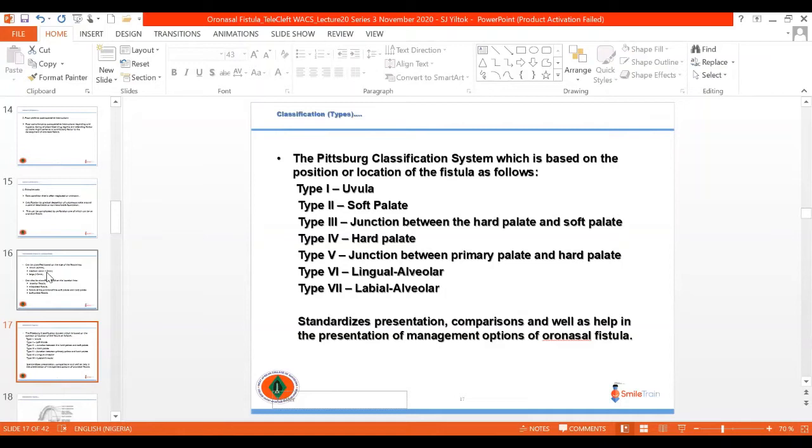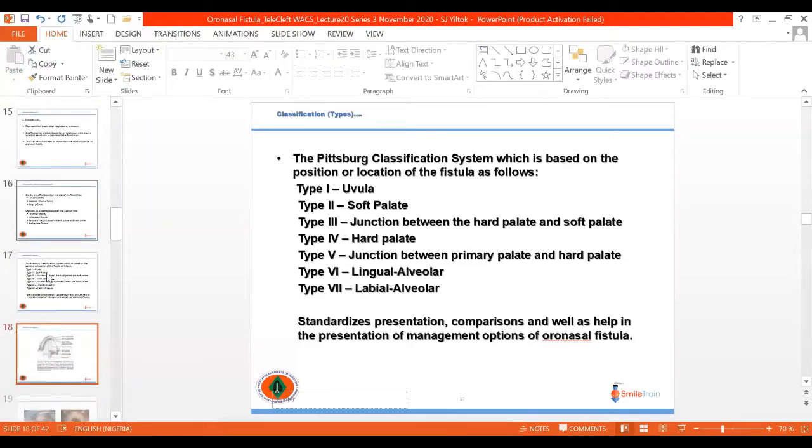Type 1, usually not too common, is restricted to the uvula. Type 2 is the soft palate, type 3 the junction between the hard and soft palate. Type 4 is located at the hard palate. Type 5, the junction between the primary palate and hard palate. Type 6 is the lingual alveolar location, while type 7 is the labial alveolar location.